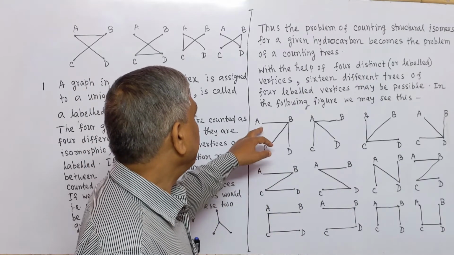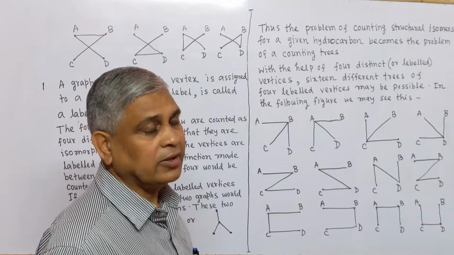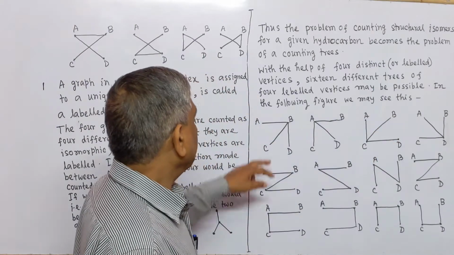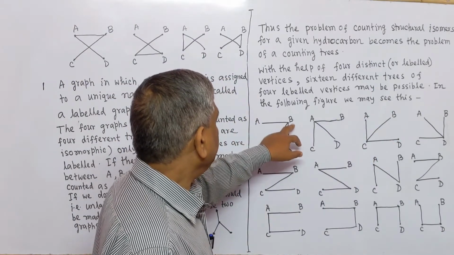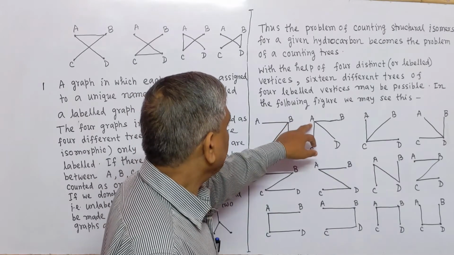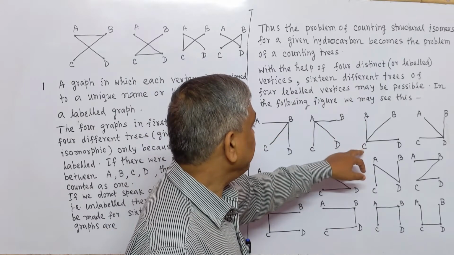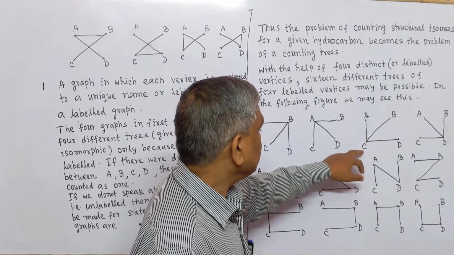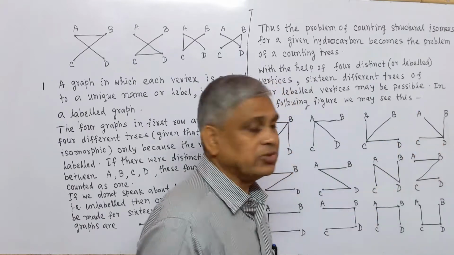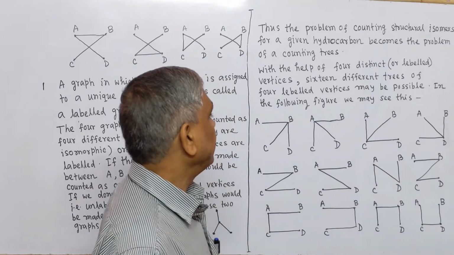Here we have 4 distinct vertices A, B, C, D. Here in the first row, we see that the degree of vertex B be 3. In the second figure, degree of A is 3. In third figure, degree of C is 3. In fourth figure, degree of D is 3. These are 4 different graphs.